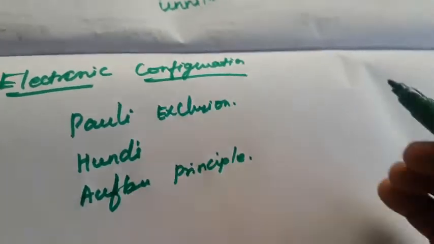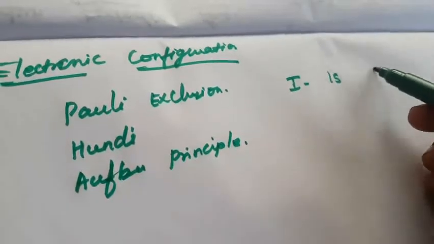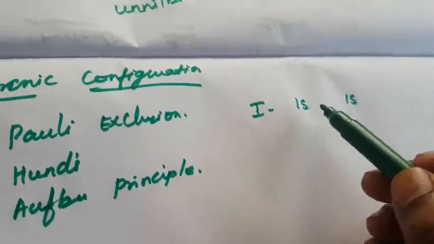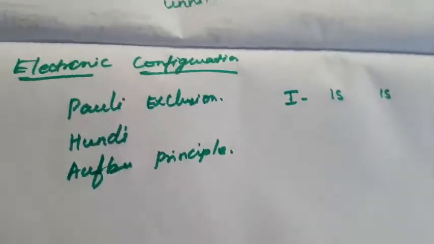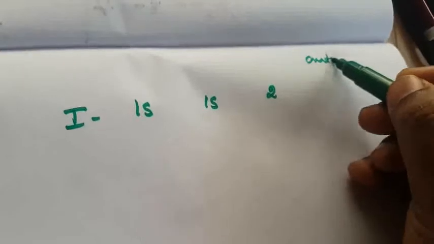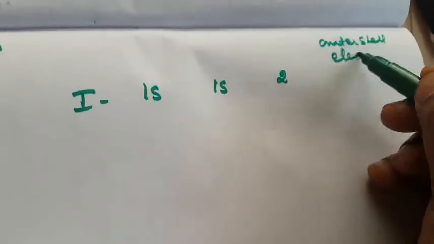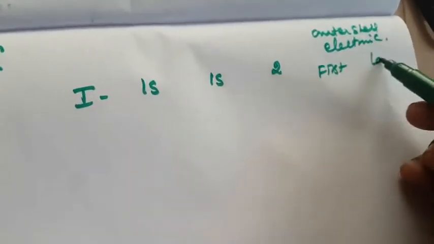How is the period number decided? In the first period, filling starts from 1s and ends at 1s, starting from the first group element. We already know the number of elements is 2, only 2 elements are present here.